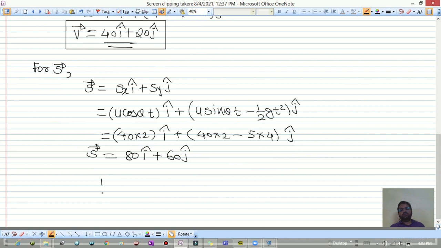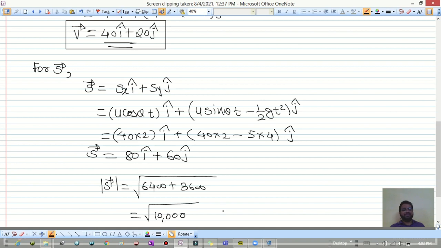Then what about the magnitude of the displacement vector? It is a root of 6400 plus 3600, which is a root of 10,000, that is root of 10 to the power 4, which is equal to 10 to the power 2, and that is 100 meter.